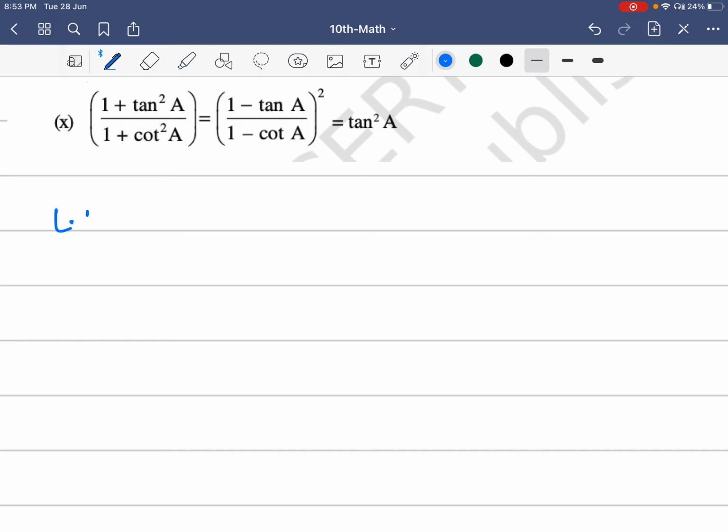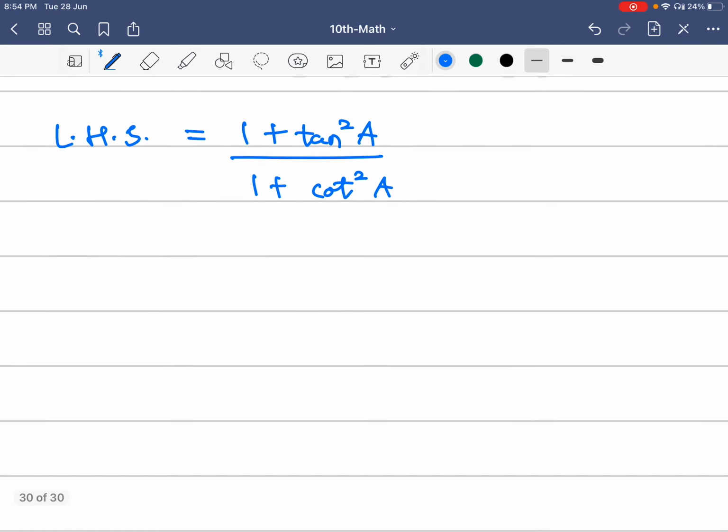So once again, we start with LHS, that is equal to (1 plus tan square A) divided by (1 plus cot square A). And our strategy is always the same, convert everything into sine and cos.